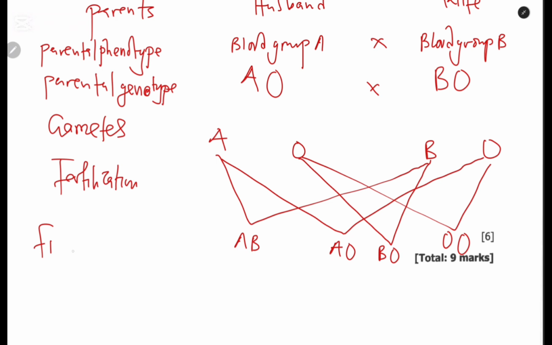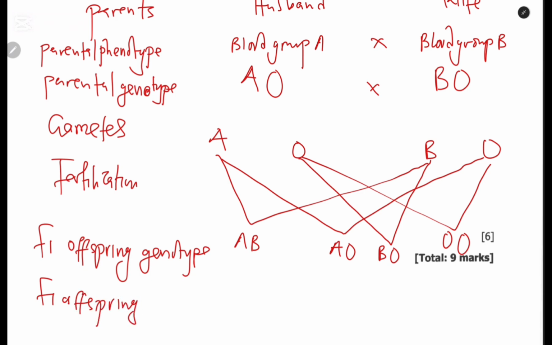So first filial generation offspring, F1 offspring, genotype. Then F1 offspring phenotype. What are the phenotypes? The outward expression. So this is blood group AB.